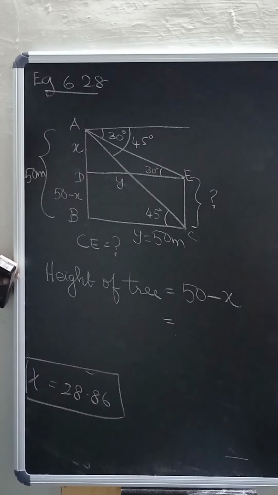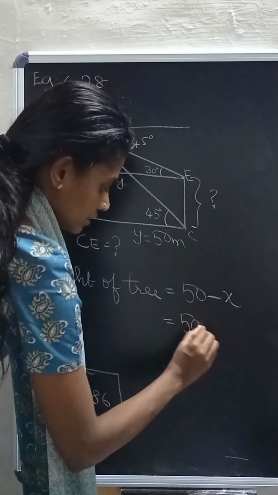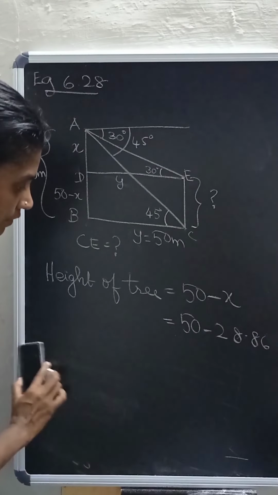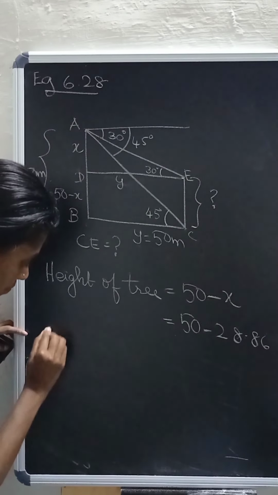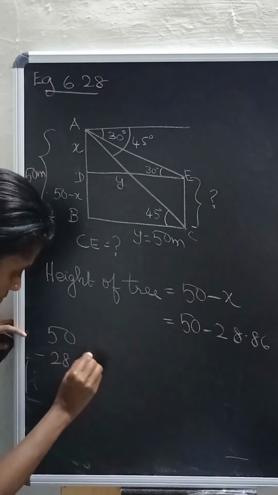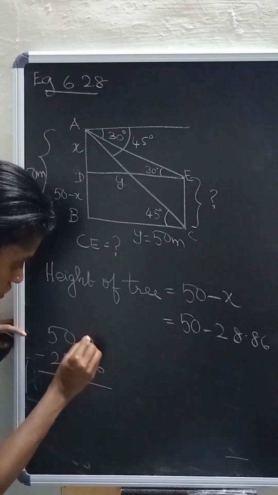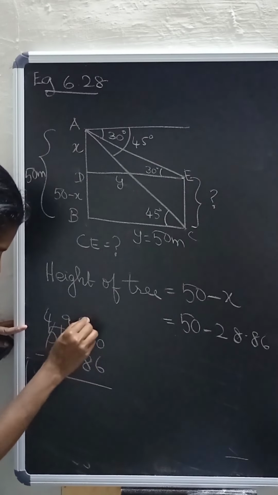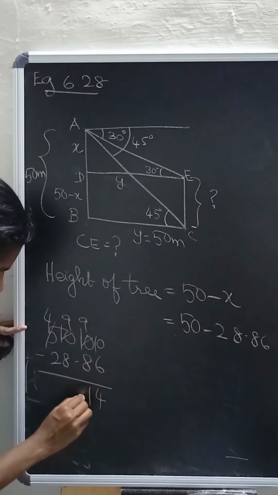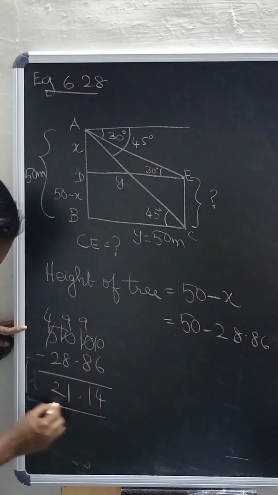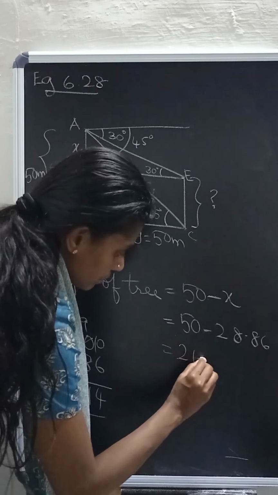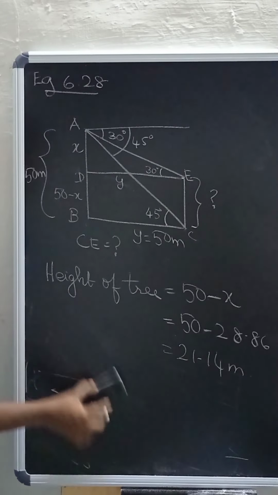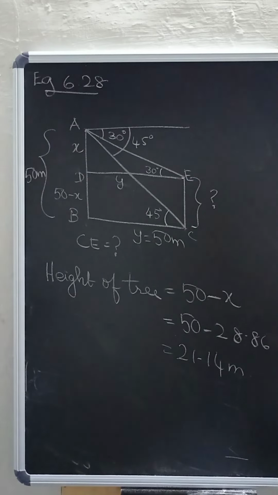So x value you got here is 28.86. 50 minus 28.86 is equal to 21.14 meters. So the height of the tree is 21.14 meters.